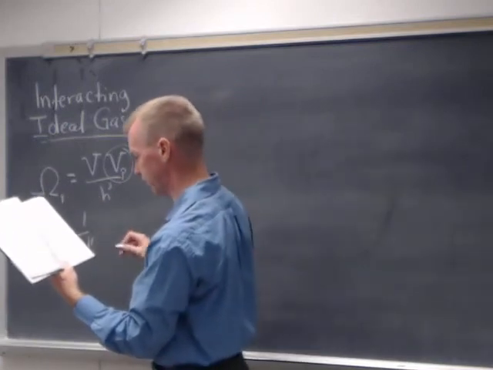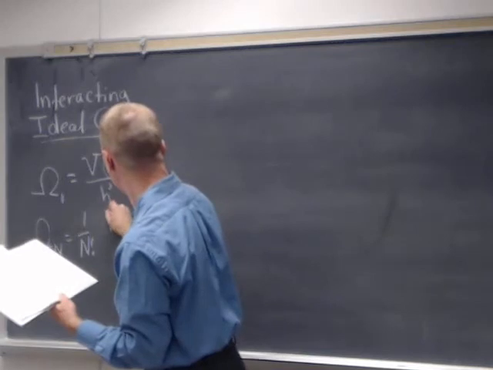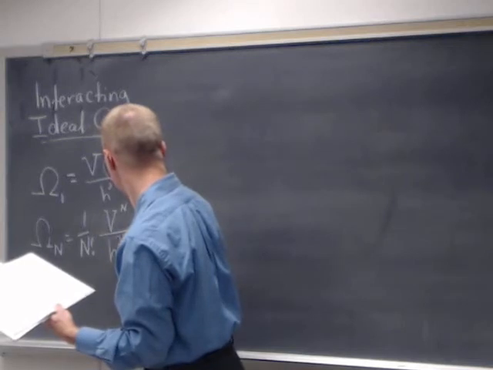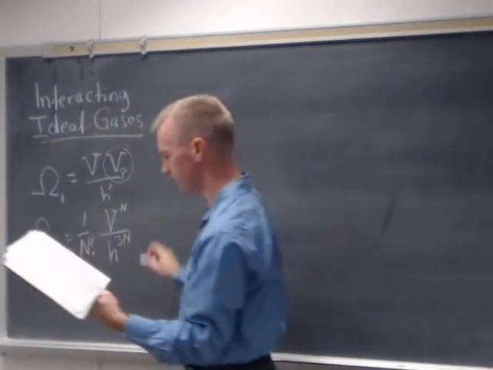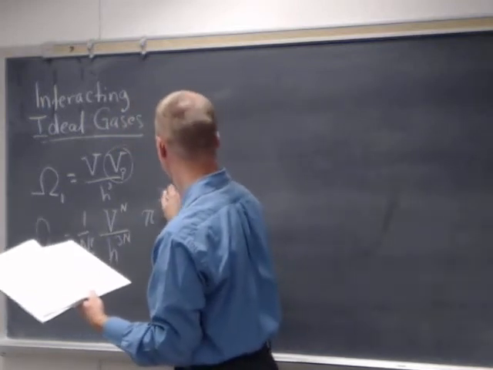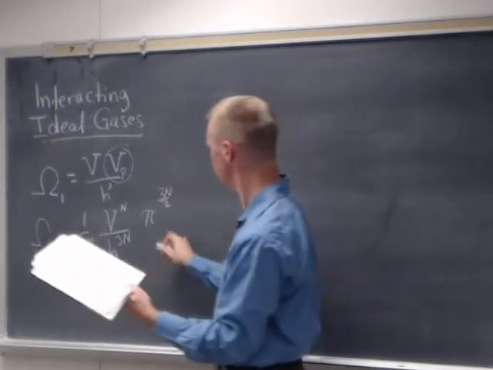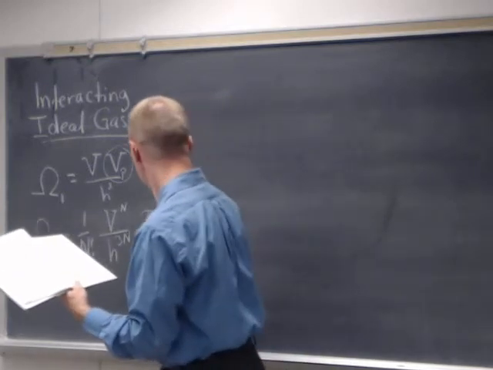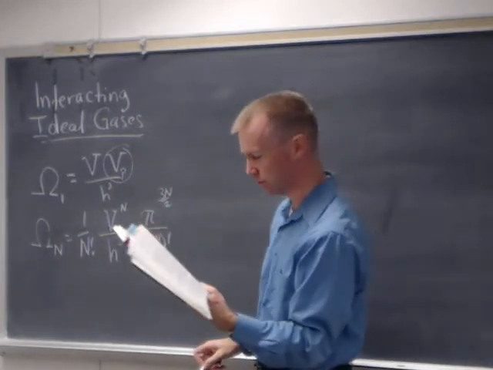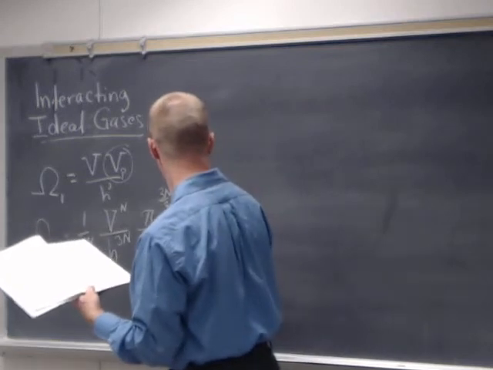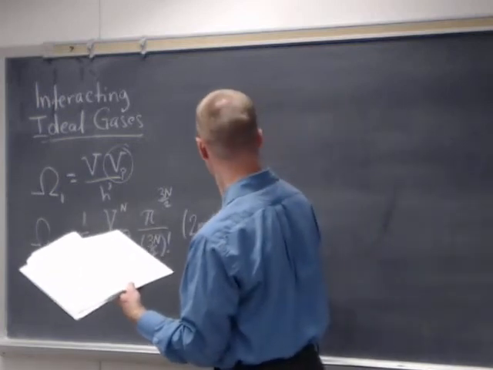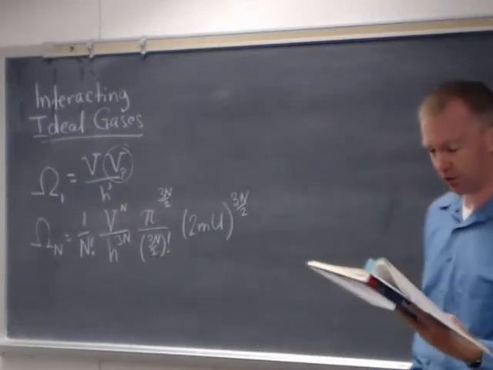And let's see, our formula then is volume to the Nth power over h to the 3Nth power, pi to the 3N over 2, over 3N over 2 factorial, and then 2mU to the 3N over 2 power.